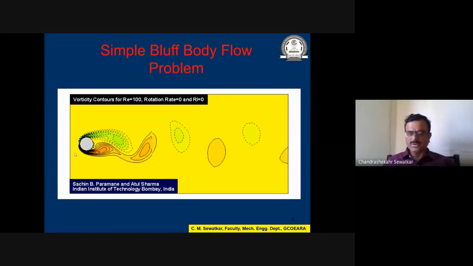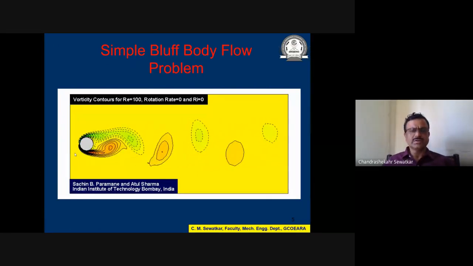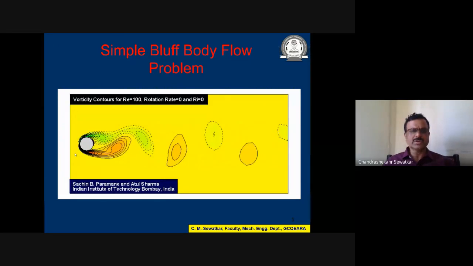So this vortex shedding occurs with a certain frequency, called the frequency of vortex shedding. This frequency is often expressed in terms of a parameter called the Strouhal number, which is a non-dimensional vortex shedding frequency.